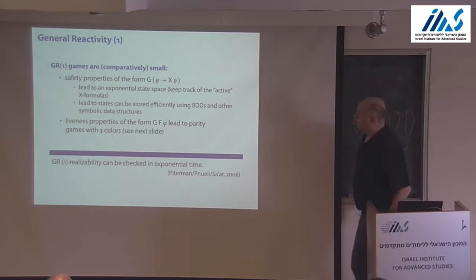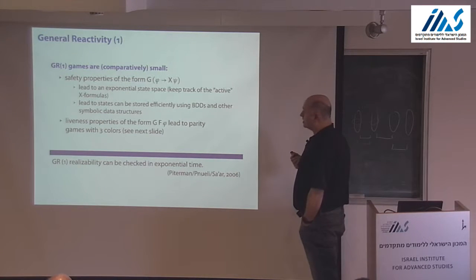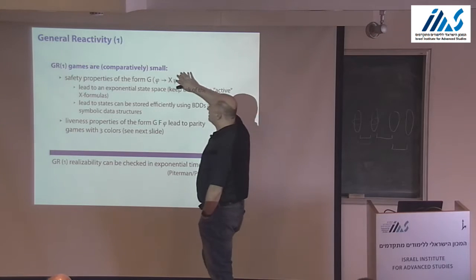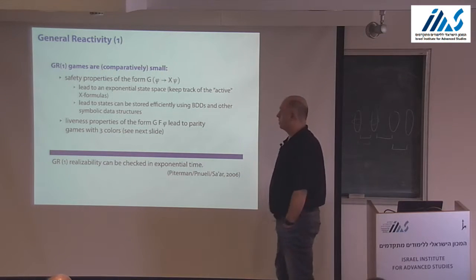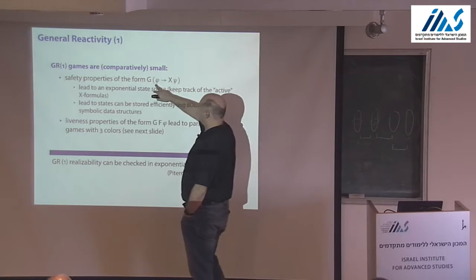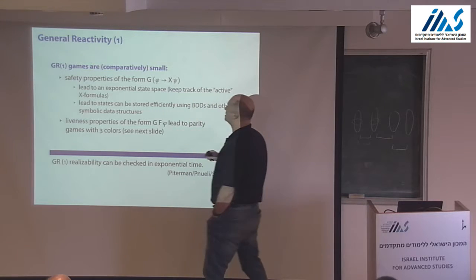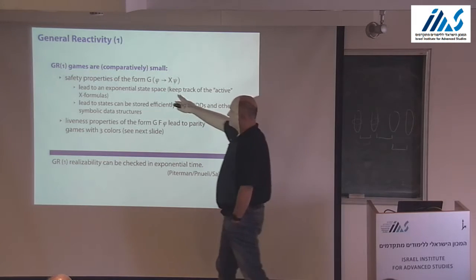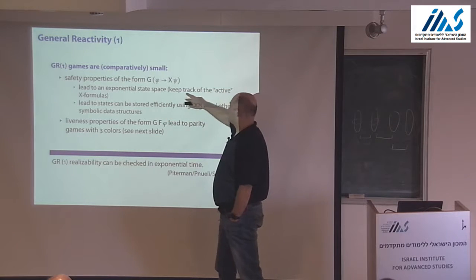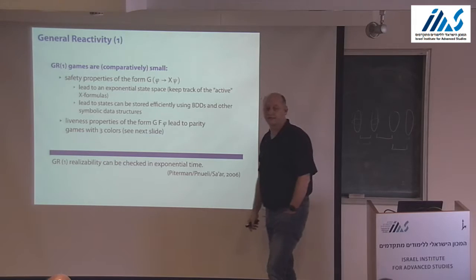Okay, now, why are these specifications simpler? Well, the games that result from GR1 formulas are at least comparatively small. You have these safety properties that say that if something is true now, then something else needs to be true in the next state. This leads to an exponential state space because you essentially need to keep track of which of these next conditions are active at any given point.